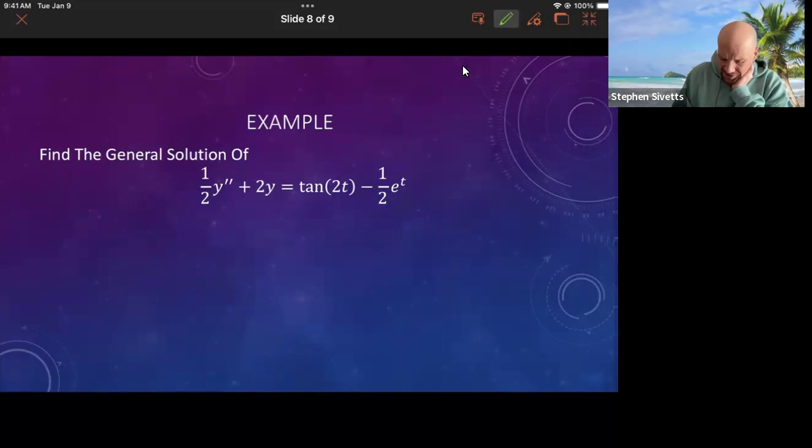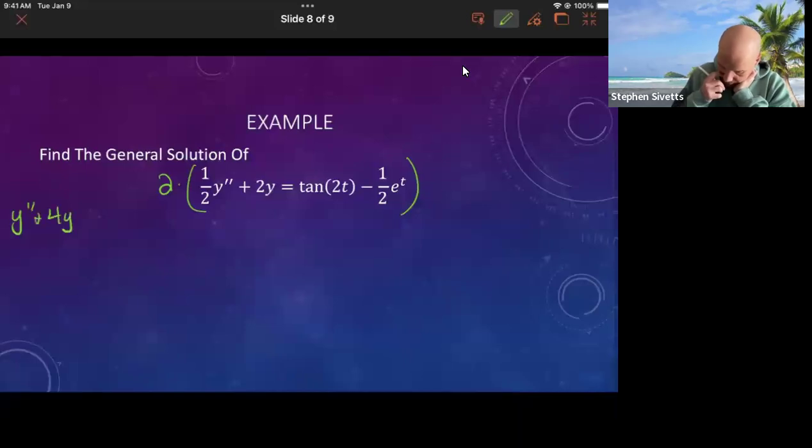We can multiply both sides by 2 in this equation, and rewrite this differential equation as y double prime plus 4y equals 2 times tangent of 2t minus e to the t.